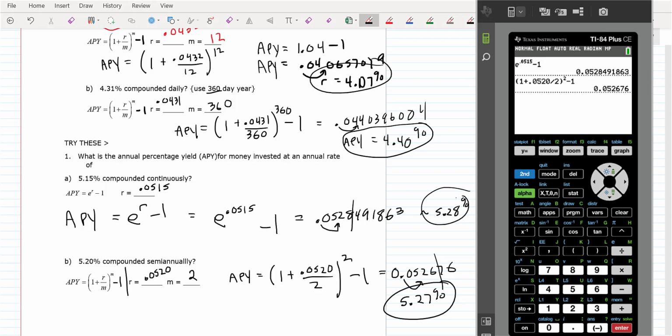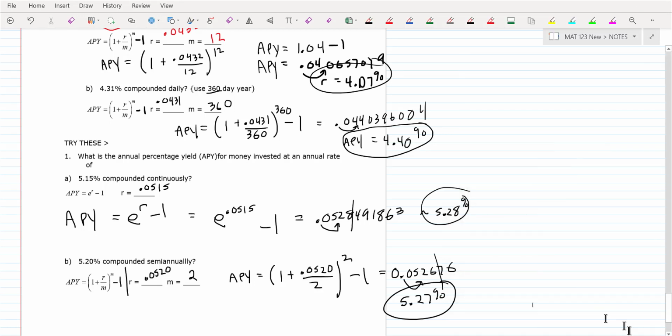If you're buying something, like a car, it's better to go with the lower one. So it kind of depends. Most of the time on these, you're looking at savings or a CD or something like that. Any questions about that? It's not that hard. It's knowing the formula, knowing what to do with it, and using your calculator.